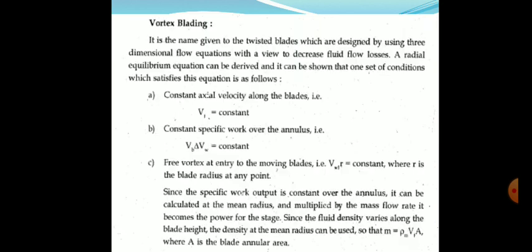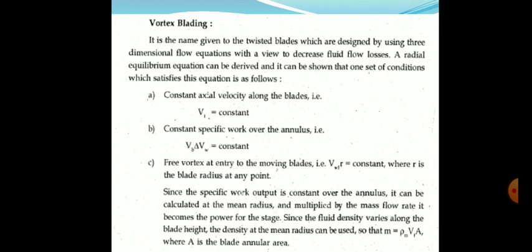Vortex blading. It is the name given to the twisted blades which are designed using three-dimensional flow equations with a view to decrease fluid flow losses. A radial equilibrium equation can be derived and it can be shown that one set of conditions which satisfies this equation is as follows.